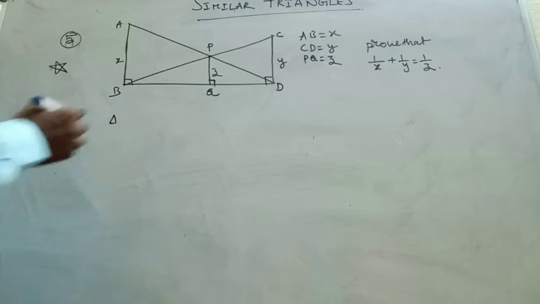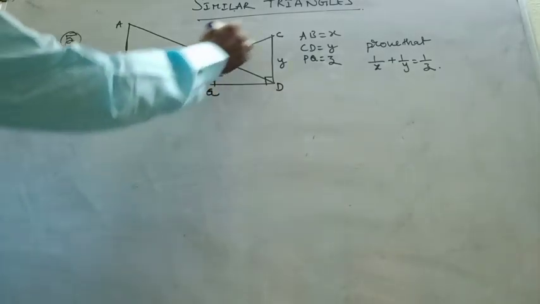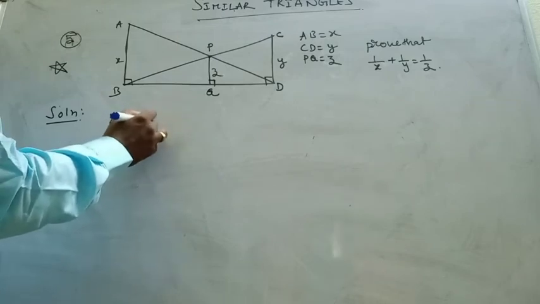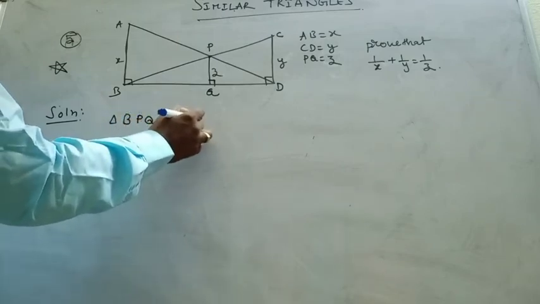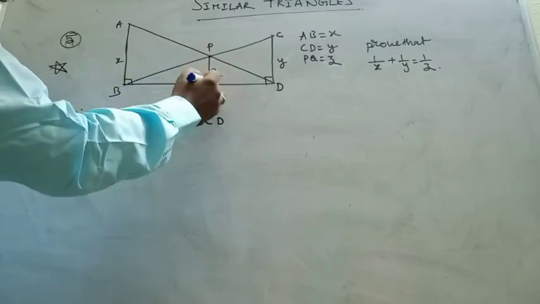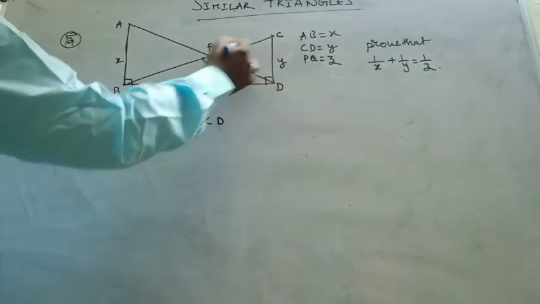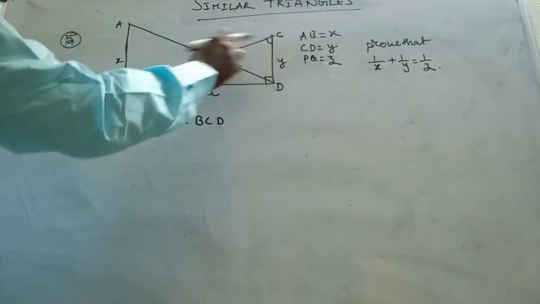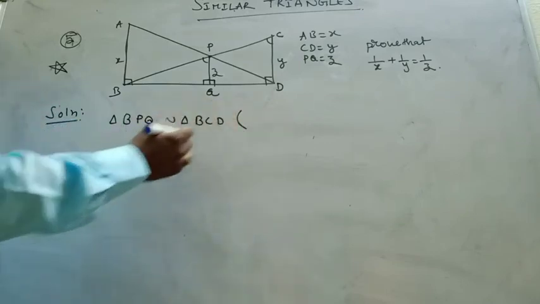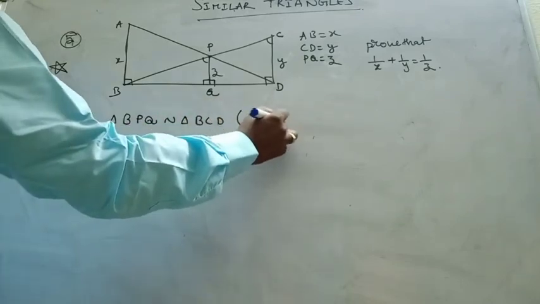We know that triangle BPQ is similar to triangle BCD, because here this is 90 degrees, here 90 degrees, and this angle is equal to this angle, because these two are perpendicular to the same line, meaning they are parallel, and these are corresponding angles, by AA similarity.